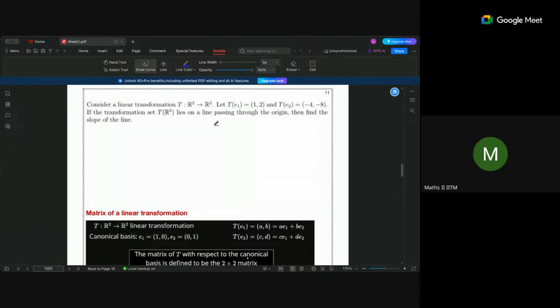So now let us first try to understand what is going on. So T of 1 0 is nothing but 1 2, and T of 0 1 is nothing but minus 4 comma minus 8. Okay, so what's happening here? 1 0 means it is mapped to 1 2, and 0 1 means it is mapped to minus 4 comma minus 8. Now what can you say about any x comma y?